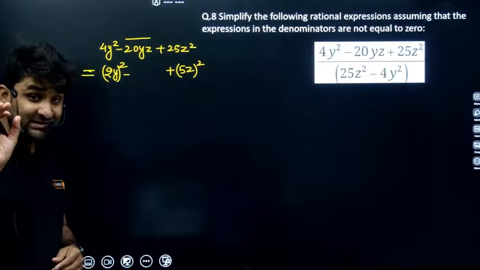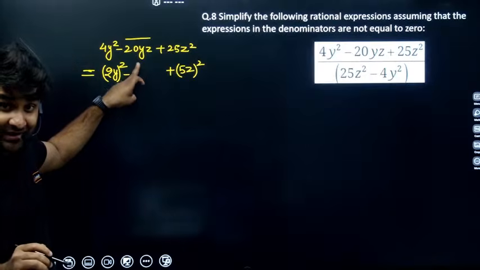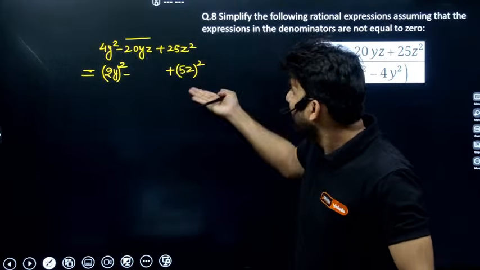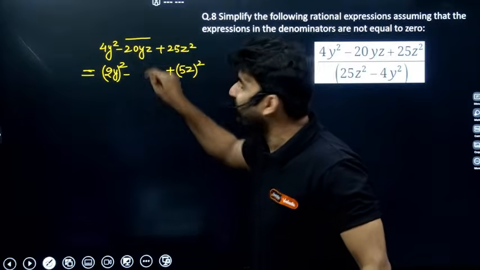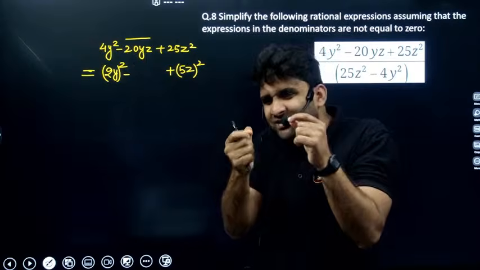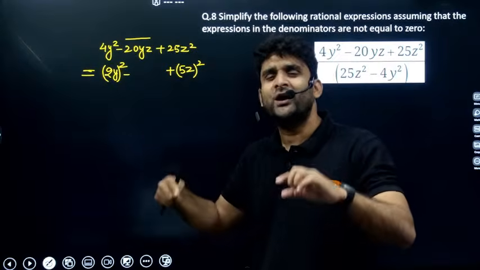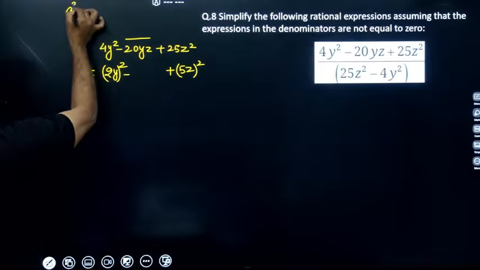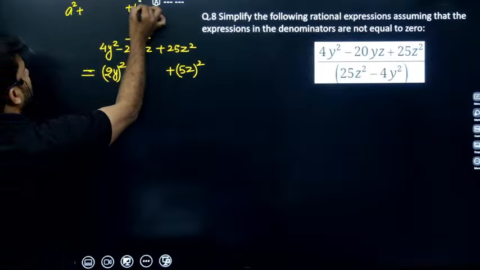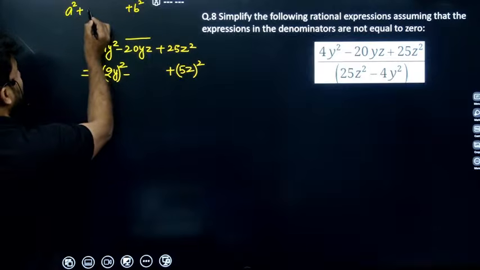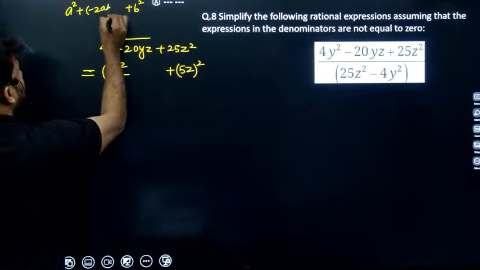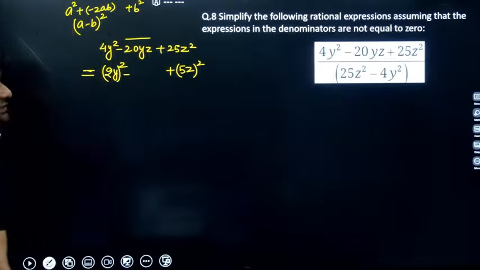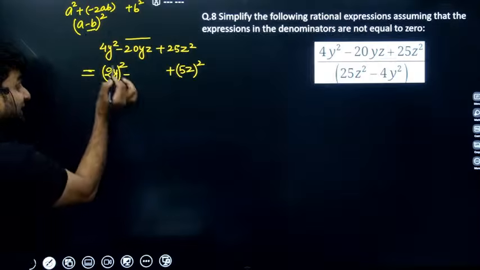Now, please focus. The middle term is in negative form. It seems that this is the identity of a square plus b square minus 2ab. So a square plus b square is positive, and here it is minus 2ab. So the identity should be a minus b whole square, and b should be in negative form.